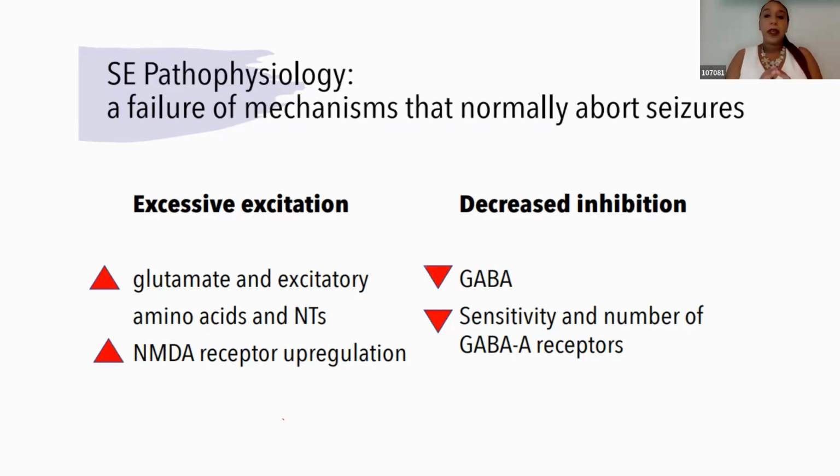And then what is being decreased, or the inhibition that occurs, is, again, there's low GABA, and sensitivity and number of the GABA A receptors is low. So that's why benzos work in acute status, because they're really working on those GABA receptors.